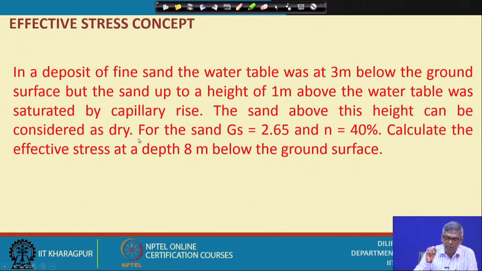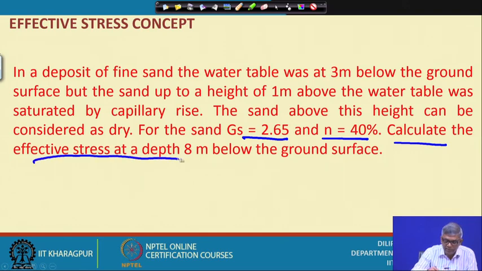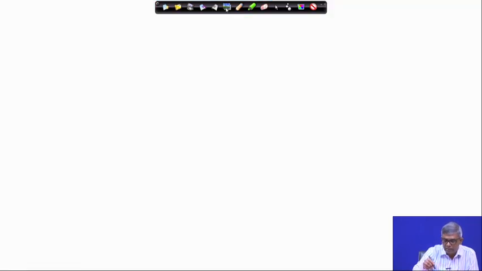So, for the sand Gs equal to 2.65, n equal to 40%, calculate the effective stress at a depth 8 meter below the ground surface. So, this one we can do whatever way we have discussed. So, let me see that.